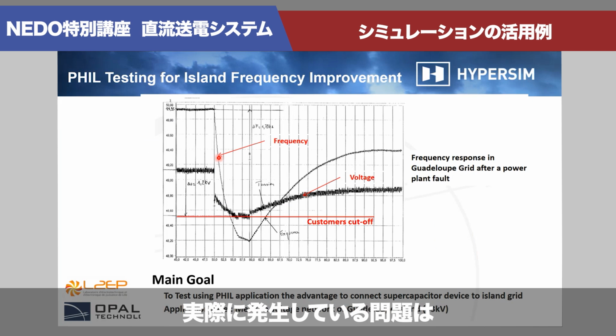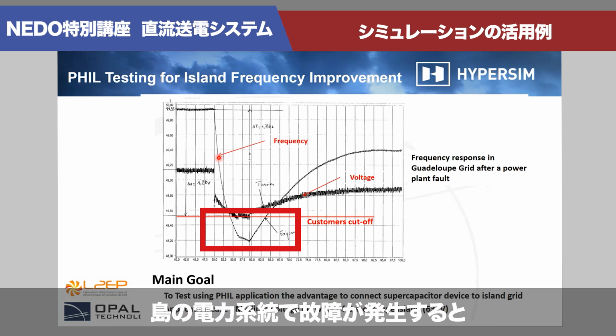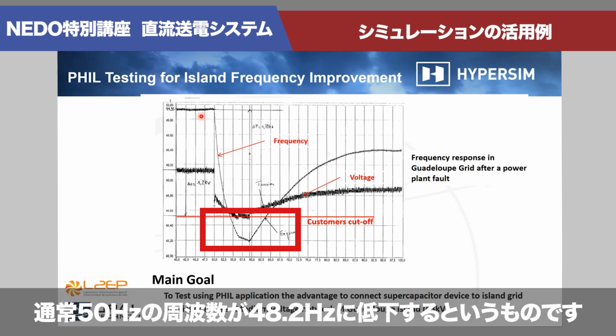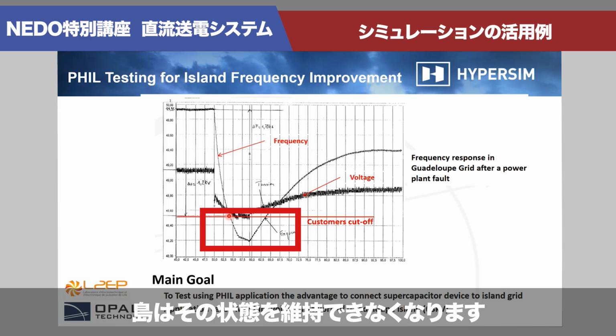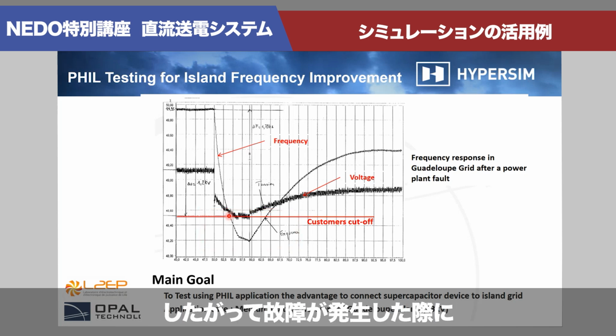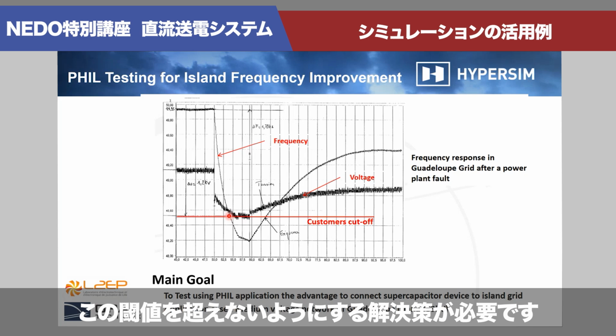When there's a fault on the island grid, the frequency of the grid, which is 50 hertz normally, goes down to 48.2. And when it passes the threshold of 48 hertz, there's a cutoff and the island cannot sustain that. So they needed to find a solution so that when a fault occurs, this threshold is not met.